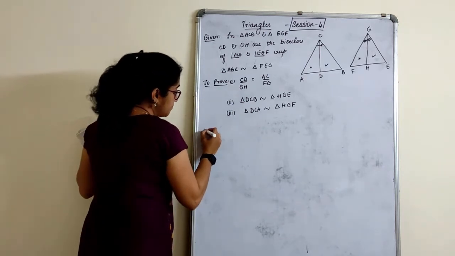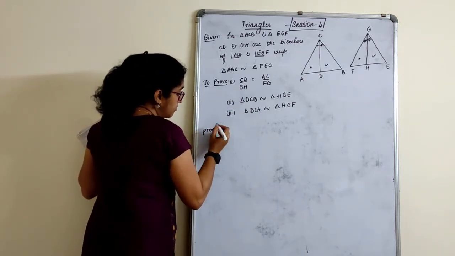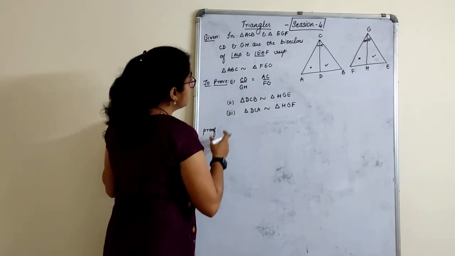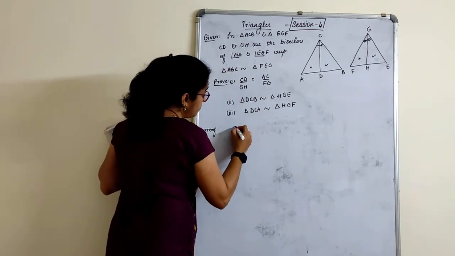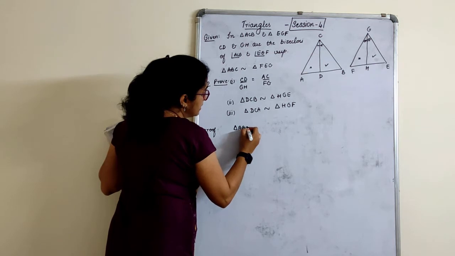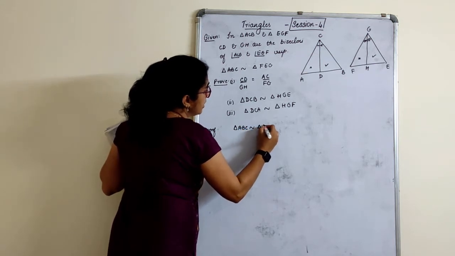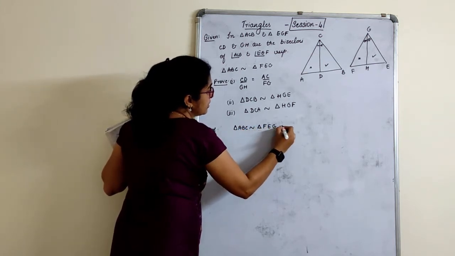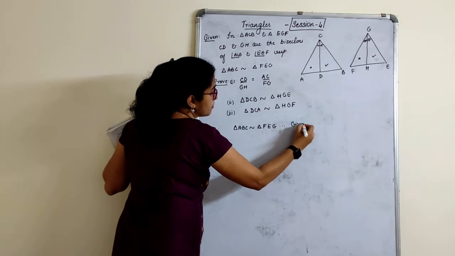Proof. Before we actually take the triangles, we write the given. Triangle ABC is similar to triangle FEG, given.